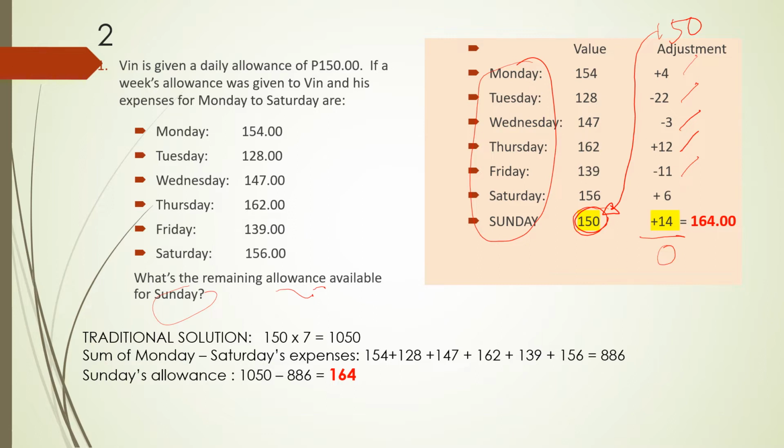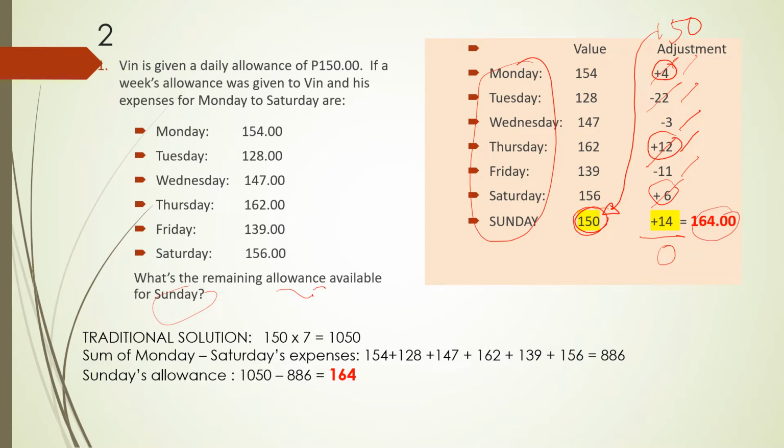What you do is go for the positives, that's plus 4, plus 12, plus 6, which is positive 22, and this cancels out with negative 22. So the remaining values that we need to zero out would be negative 3 plus negative 11, which will be negative 14, plus positive 14 will give us a sum for this column of 0. And so our final answer will be 150 plus 14, or a value of 164.